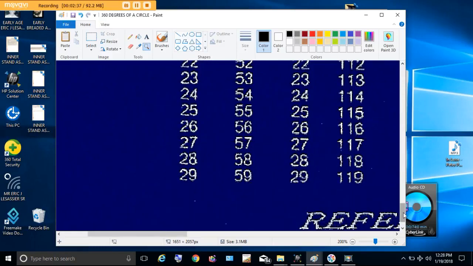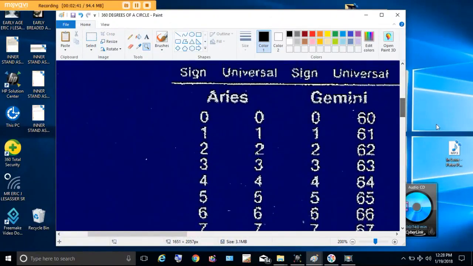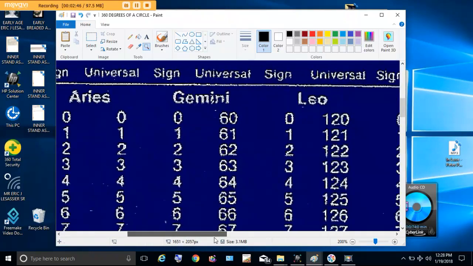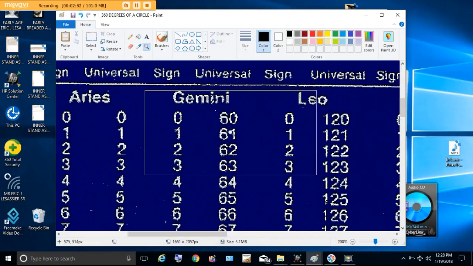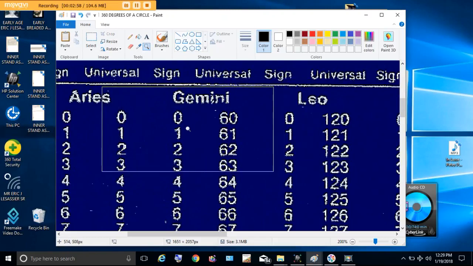Okay, so now we go back up and we go to the next sign, which is Gemini. Gemini starts at 0 because it is a universal 360 degree value chart, and this value chart expresses each degree as the value matches the 29 degrees of that sign.